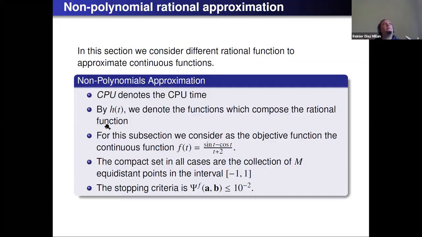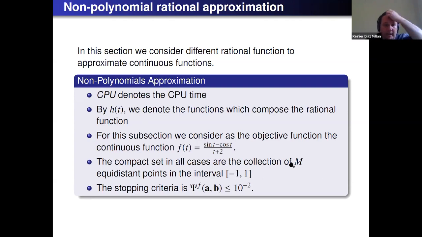Then all the rational functions will be a polynomial, but instead of t, we put h of t, okay? It is not a polynomial. We are using h of t in the place of t in the polynomial. Then the functions will be 1, h of t, h squared of t, h cubed of t, and so on. Again, now we take this function to approximate. This will be the only function that we want to approximate in this case.